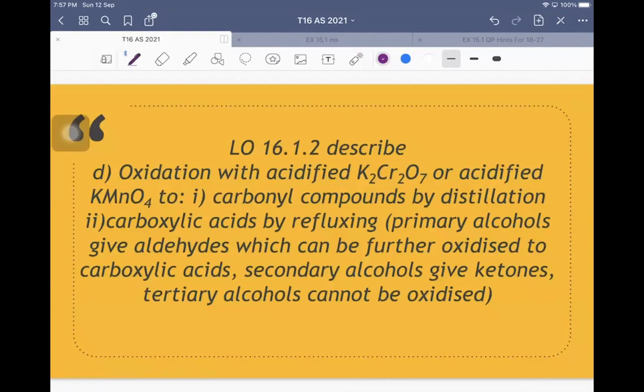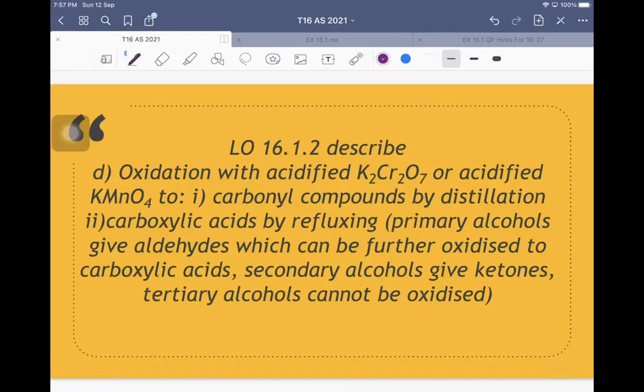Okay, so the next learning objective is to describe the oxidation of alcohols with either acidified potassium dichromate, K2Cr2O7, or acidified potassium manganate, KMnO4. So you can choose either one of these oxidizing agents.